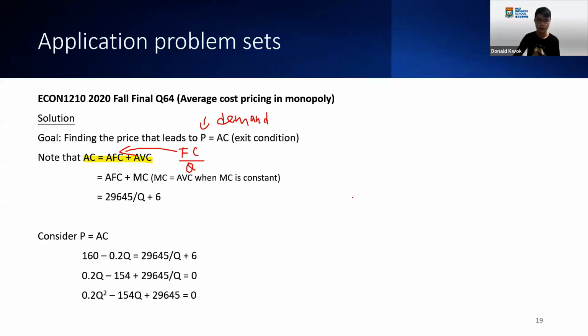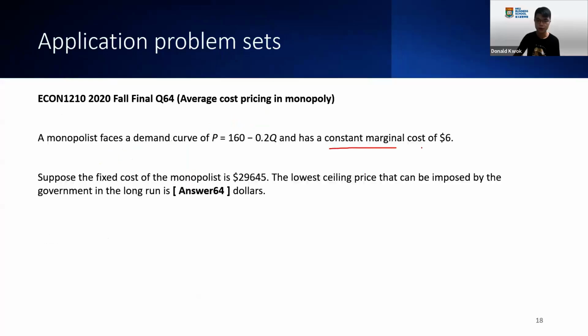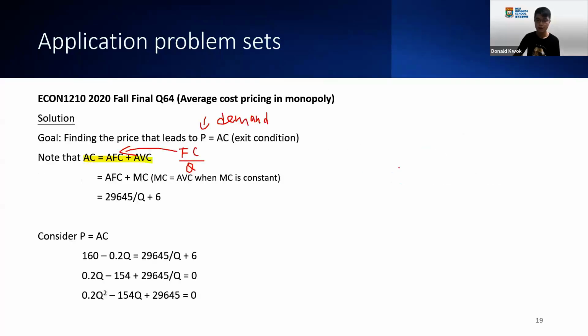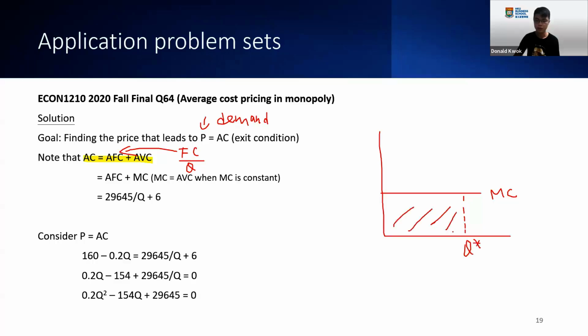Why? Because we have a constant marginal cost of $6. If we are trying to find out the total variable cost in this case, then it will simply be the area under the marginal cost curve until the quantity that you are looking for. So this is simply the area of a rectangle, calculated by marginal cost times the quantity.